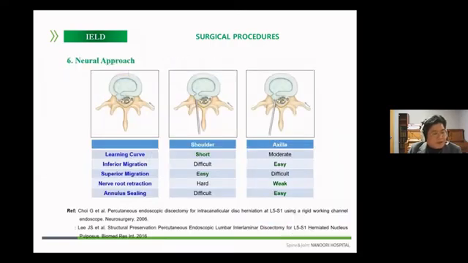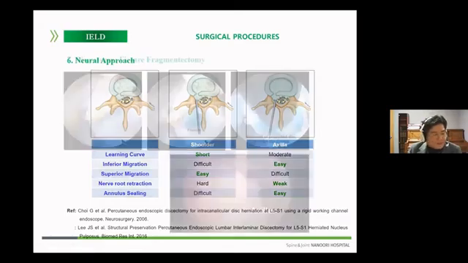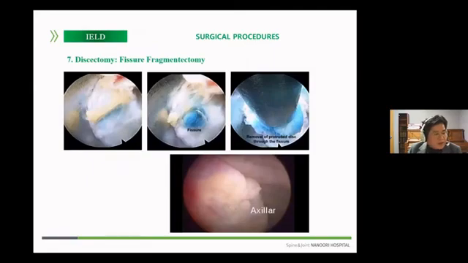Ligamentum flavum splitting can target the axilla and the shoulder of the nerve root. Compared to the shoulder, the axilla has a lot of advantages in the procedure, so it is recommended to split the axilla as a target if possible. It is recommended to perform fissure fragmentectomy in order to sufficiently preserve the annulus in the process of removing the protruded disc.